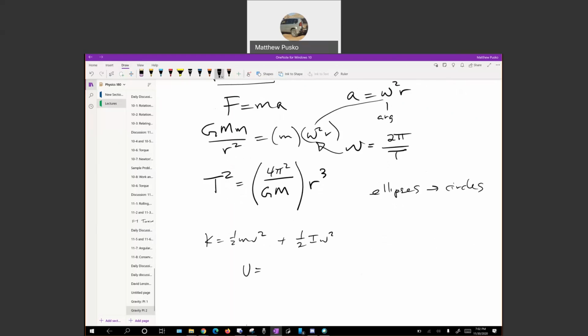Potential is equal to minus G M little m over r. Now, if no external forces are acting on it, we do have a conservation of energy. And as Kepler's second law said, we have a conservation of angular momentum also.